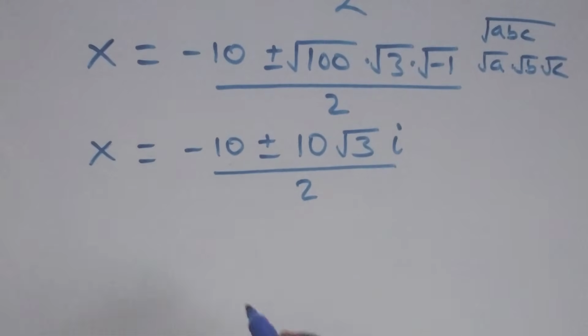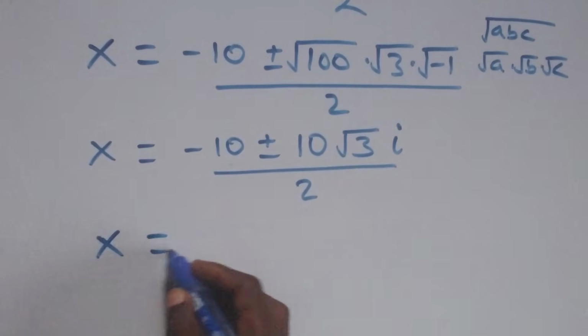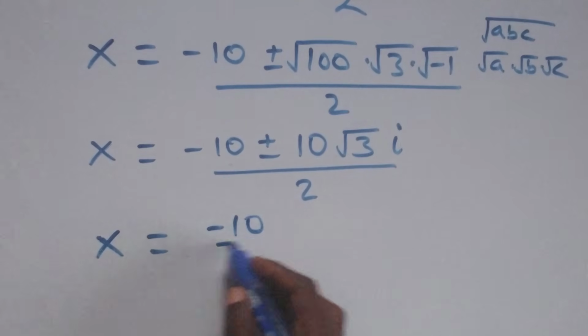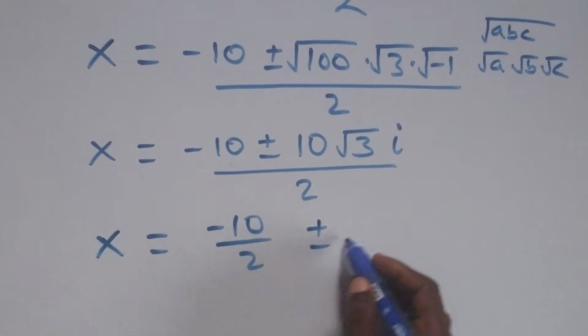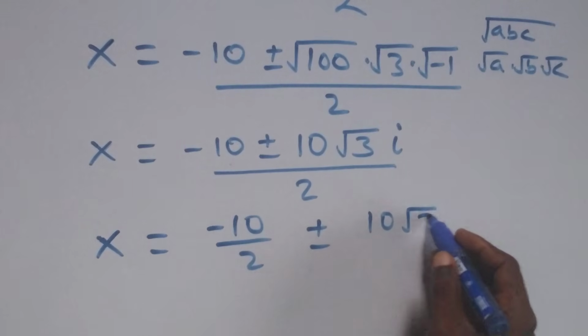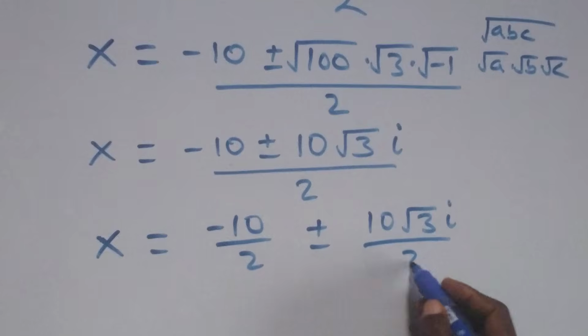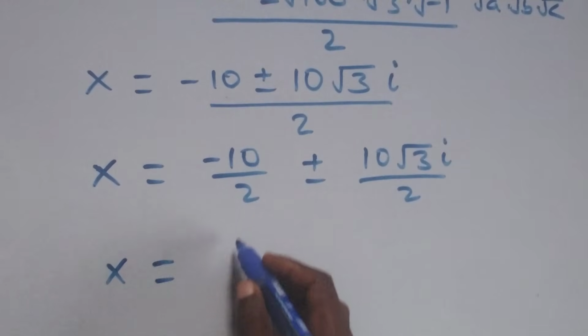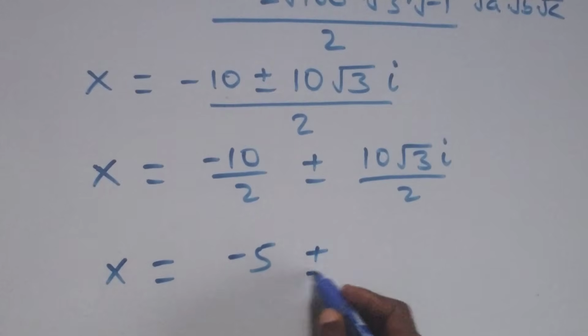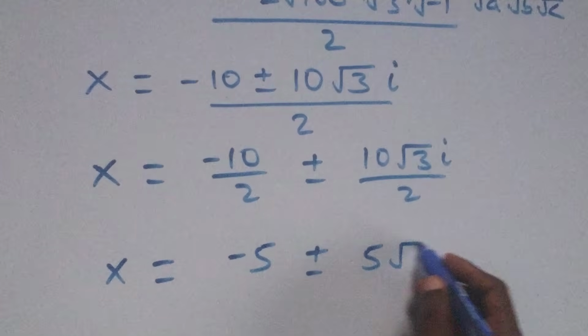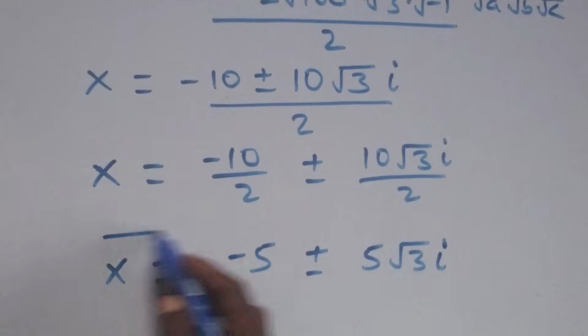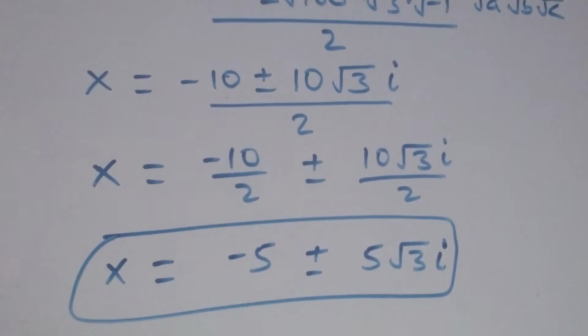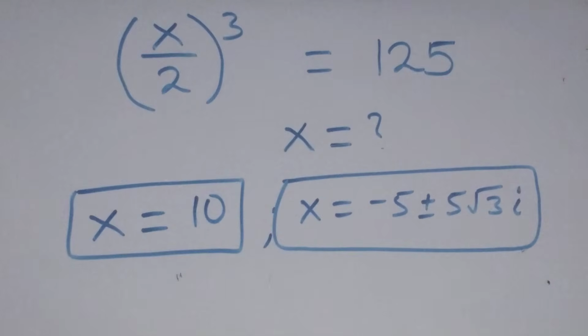So from here, we can separate this as x equals minus 10 over 2 plus or minus 10 root 3 i over 2, which implies x equals minus 5 plus or minus 5 root 3 i. So we have two complex solutions here, and therefore altogether in this problem we have three solutions, one real and two complex.